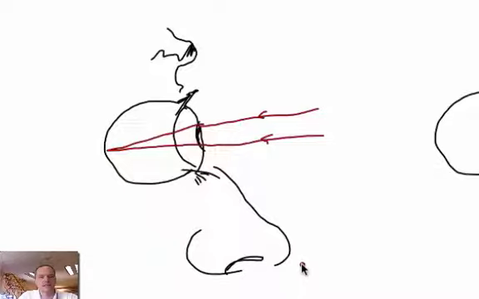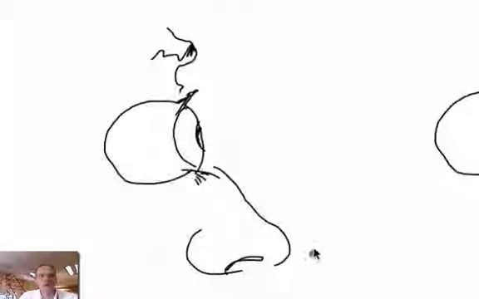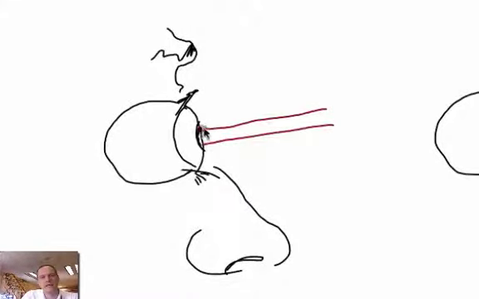But if we're nearsighted, that doesn't happen. The parallel light rays come into our eye, but they tend to focus before the back of our eye, and the image becomes blurry. So you end up with a little fuzzy image back here, much like you saw in our lab exercise.